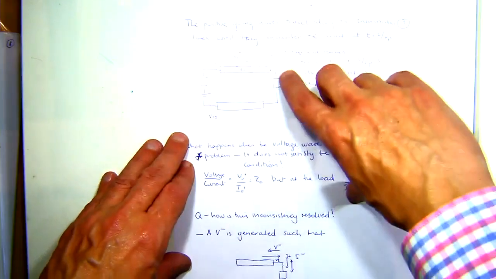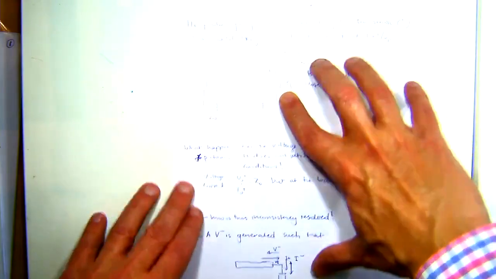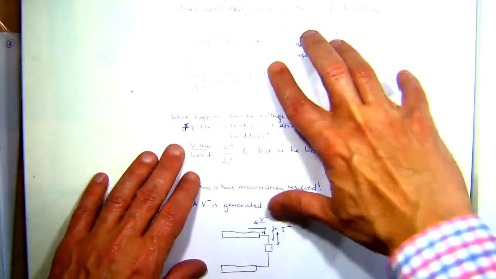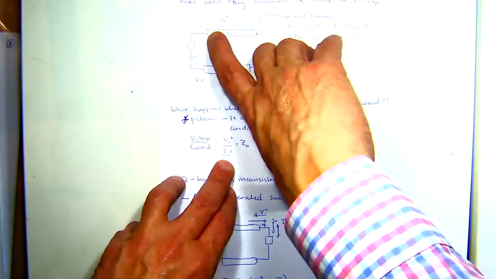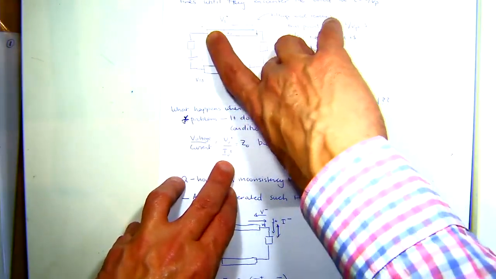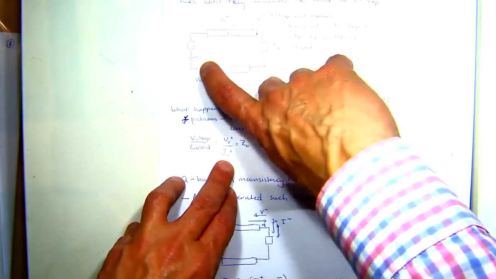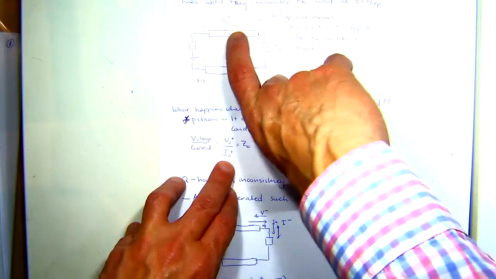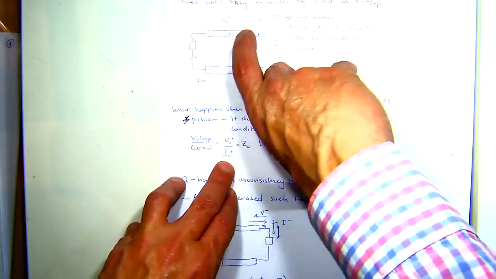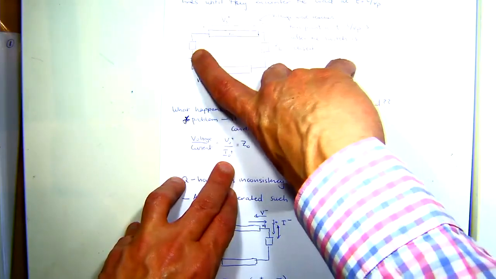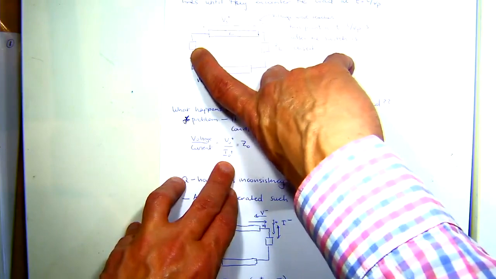And what we did is we went through this analysis, and what we said was, this positive going wave is going to hit the load. Then something interesting happens when we hit the load. Initially there was a particular voltage, which was dictated by the voltage divider between the characteristic impedance of the line and the generator impedance.